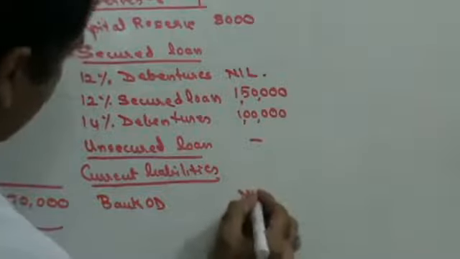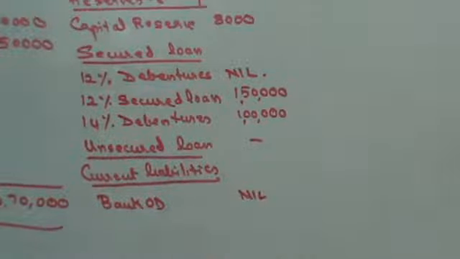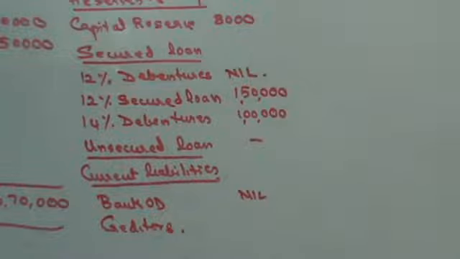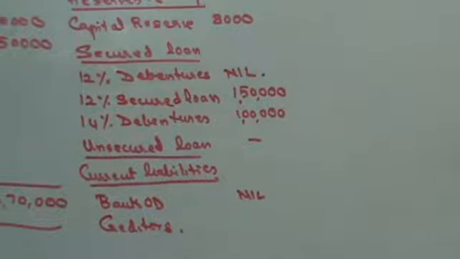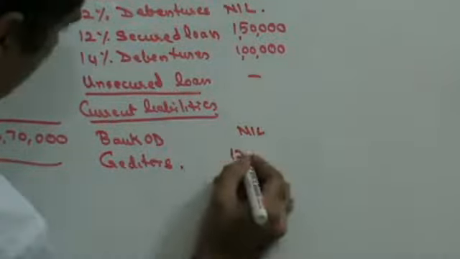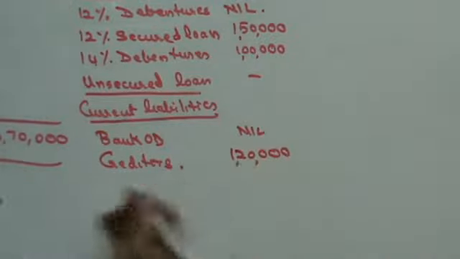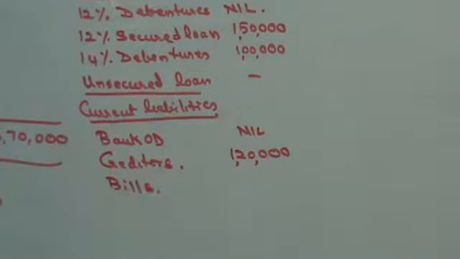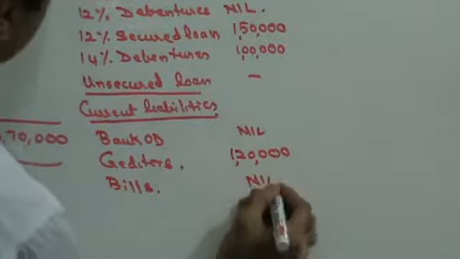It is 50,000, so nil. Then you have creditors. Creditors are 1,40,000, and creditors are 20,000 here. So that means 1,20,000. It's on the debit side 20,000. So this will become 1,20,000. Next, bills payable. Bills payable is 35,000, and in the journal it is 35,000 on the debit side. So this will be nil.